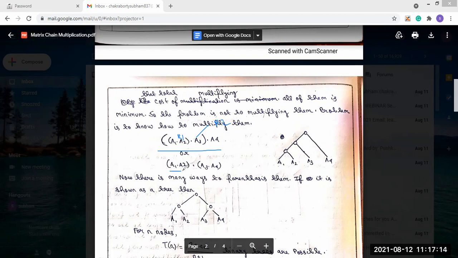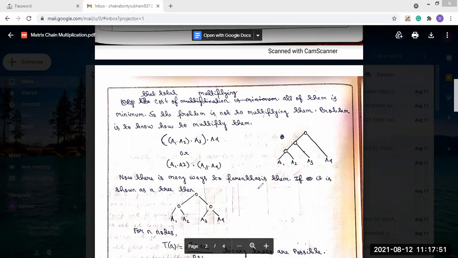This is a way. Another way: we multiply A1 and A2, and A3 and A4, generating resultant matrices R1 and R2. Then we multiply both resultant matrices and get the final resultant matrix R3. This is also a way. Now there are many ways to parenthesize.